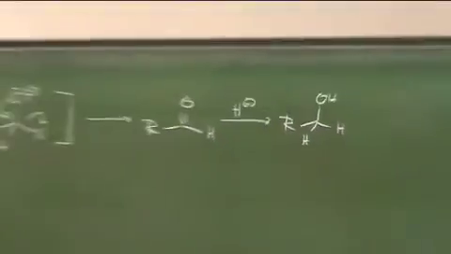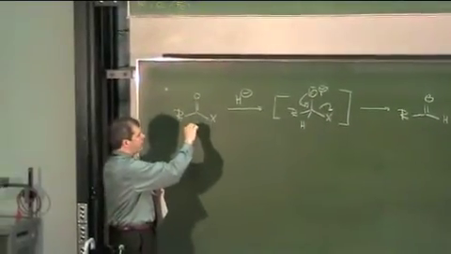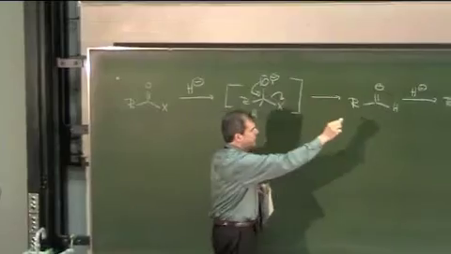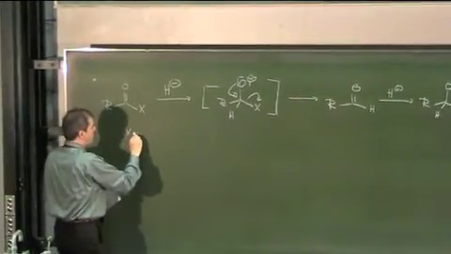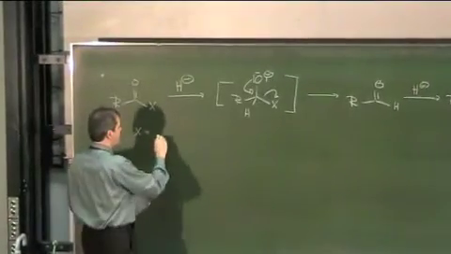And the general idea is that in principle, if you go from a more reactive to a less reactive carbonyl compound, the reaction should work in a way that you can stop it here.